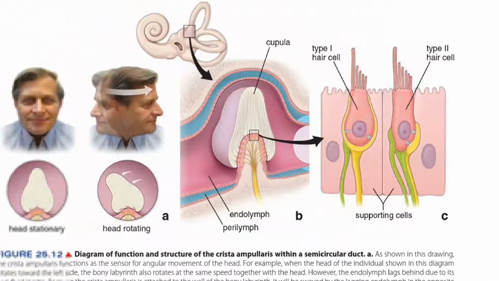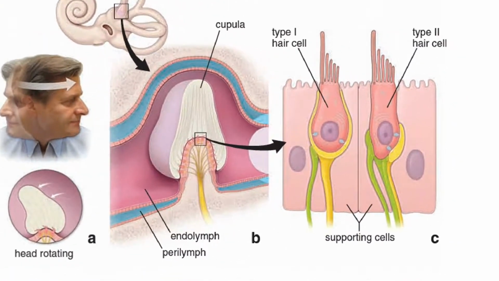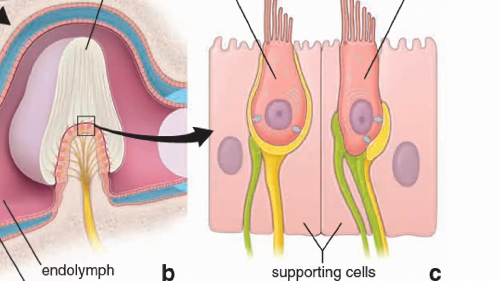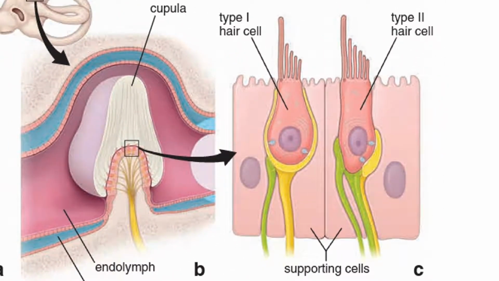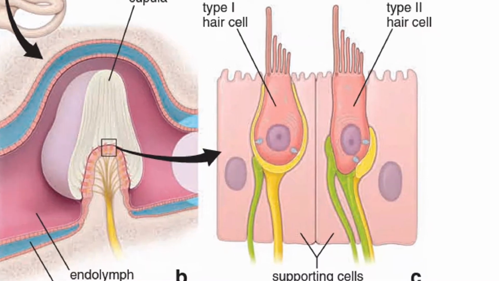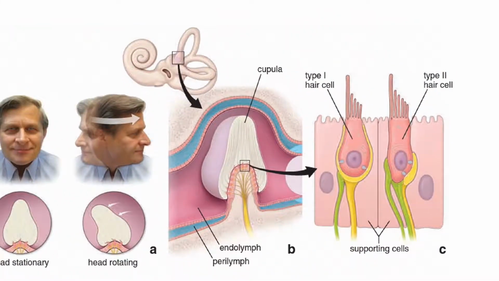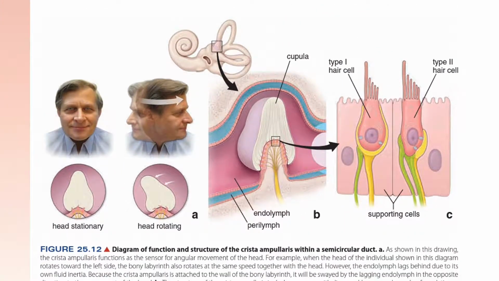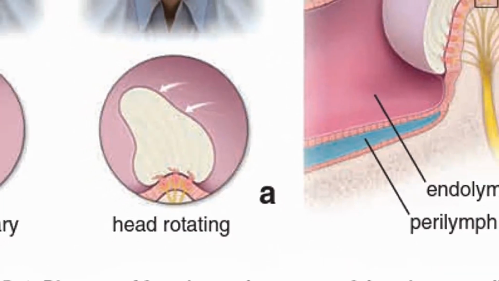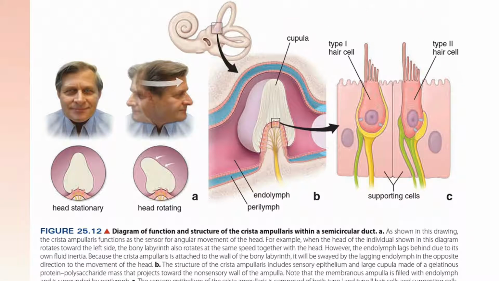In short, the yellow color cell synapsing with the hair cell is the primary sensory neuron, and the green color cell is the efferent neuron. Here the neurotransmitter released is glutamate, when the head is rotating and the hair cells are depolarized.